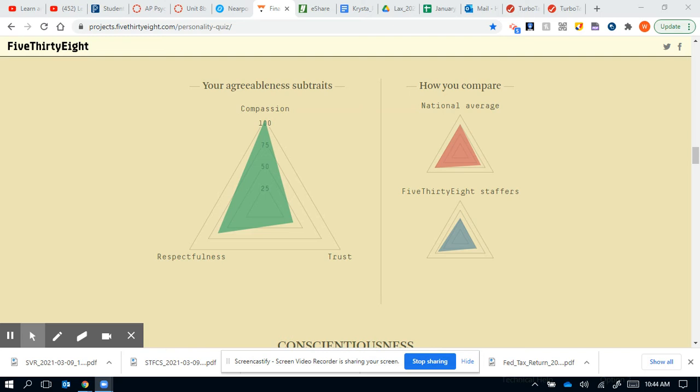You can open it up in a new window, but make sure you write it down. Just put like H, high, whatever. All right, so there is the link. Go ahead and take the Big Five.